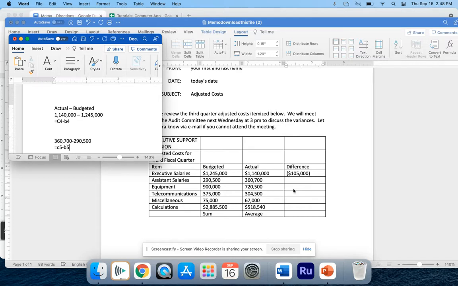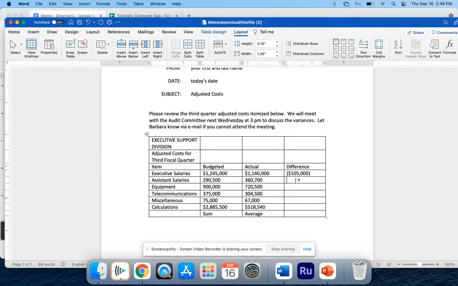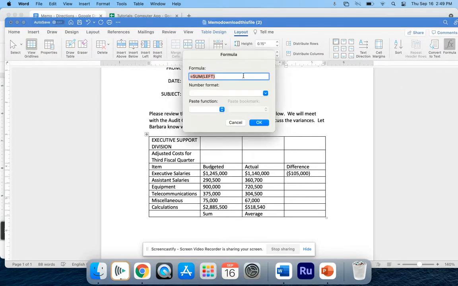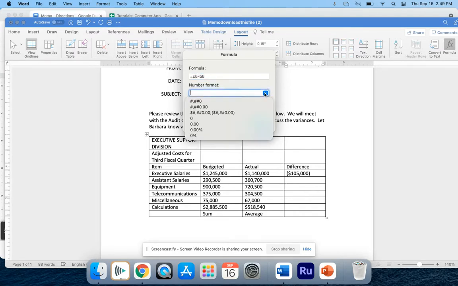So that's the formula that you're going to use in this cell: C5 minus B5. Okay? So we click in the appropriate cell, click the formula button, take everything out, type the equal sign, put in the C5 minus the B5, and change the number format to be the dollar sign.